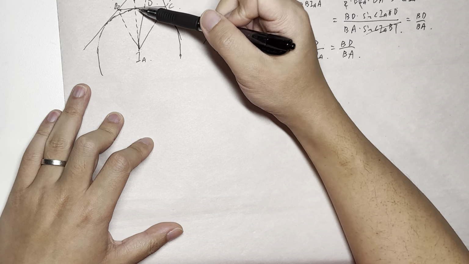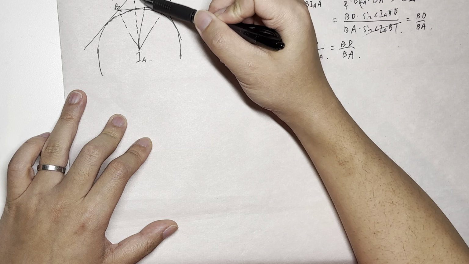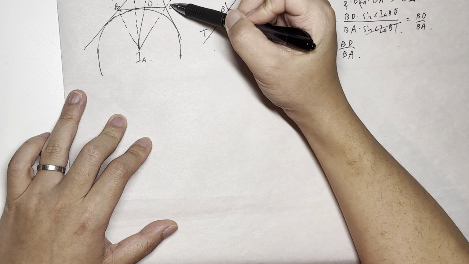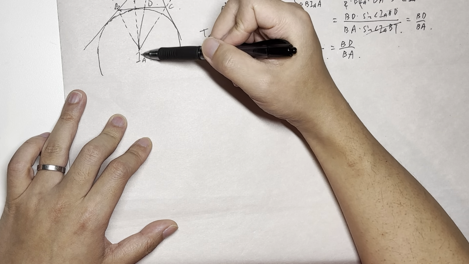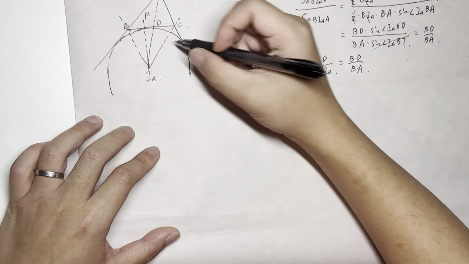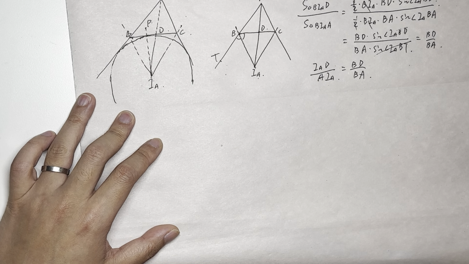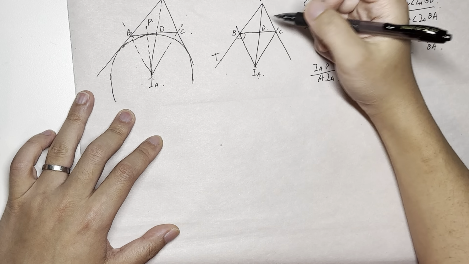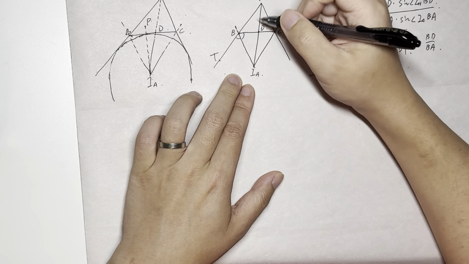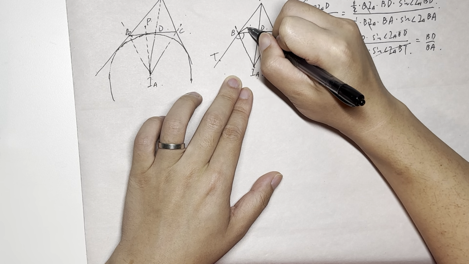Now we want to find, if we know PA, PB, PC, how can we find PIA, right? Similarly, we have to use Stewart's theorem. So let me actually draw it here, right?